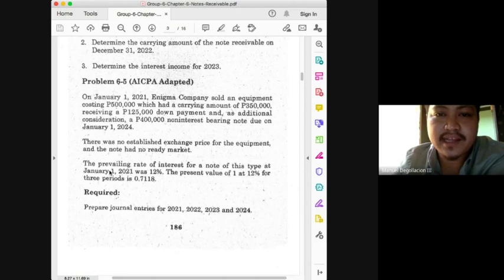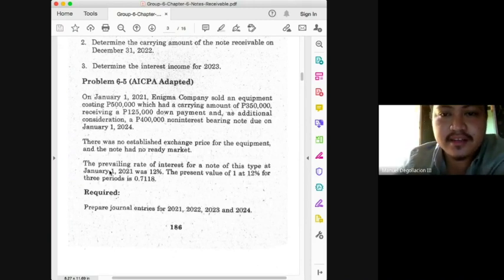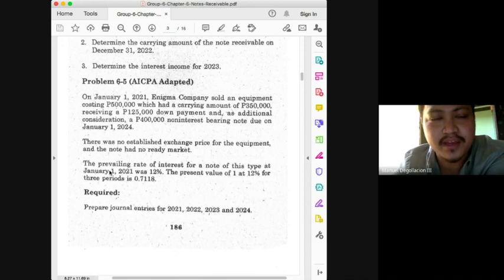If what you are selling is not an item of inventory, if it is another kind of asset, you will have to completely derecognize the asset and all its related accounts. What do I mean? Under the cost model, the equipment will have a historical cost of 500,000. But the problem also tells us that the carrying amount is 350,000.